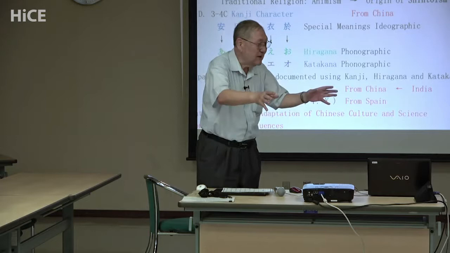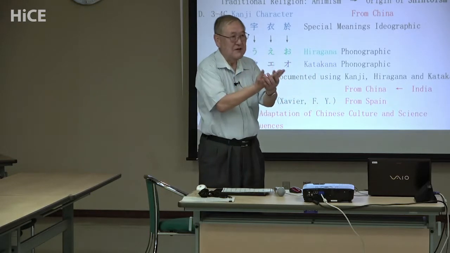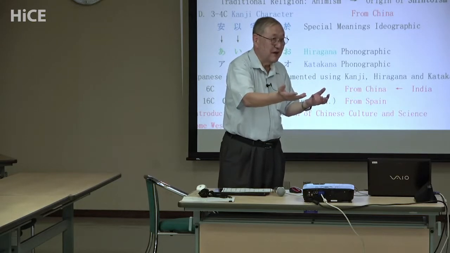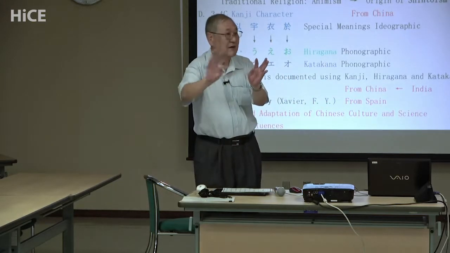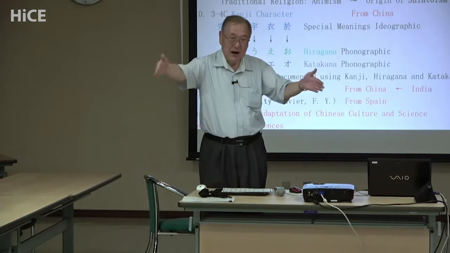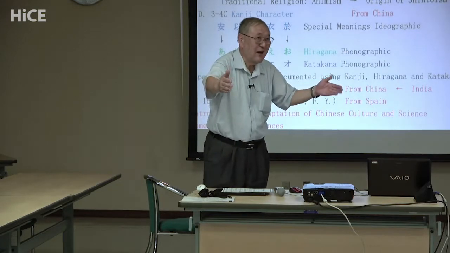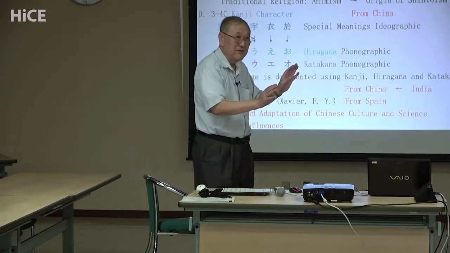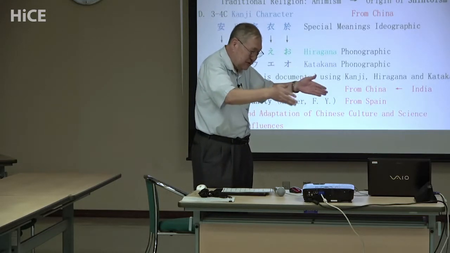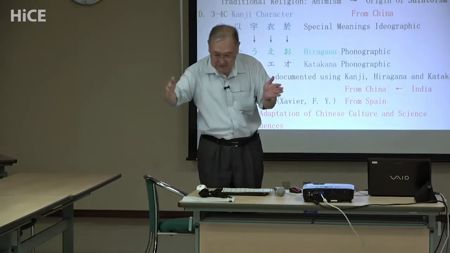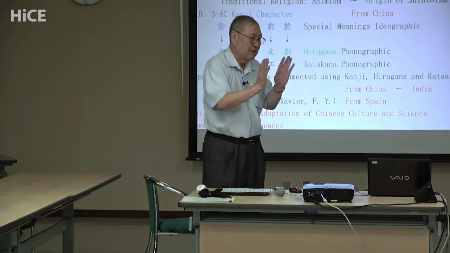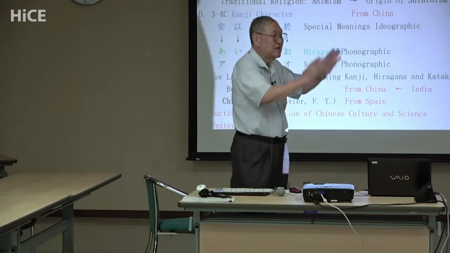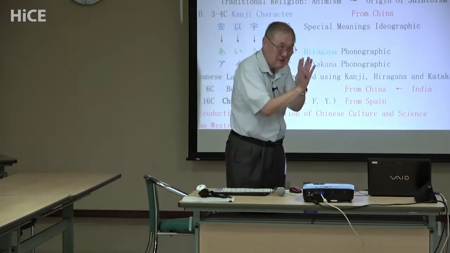Maybe in your country, maybe 80% Christianity, isn't it? And 20% another religion. Okay? The total 100%. But for Japanese tradition and religion, 70% and another 70% means that usually people believe in both Shintoism and Buddhism.